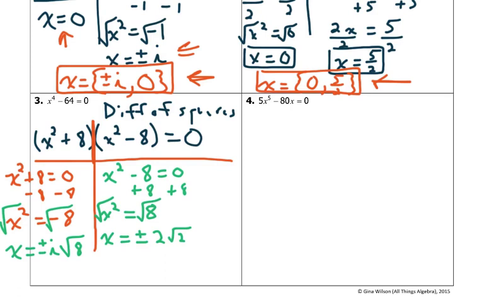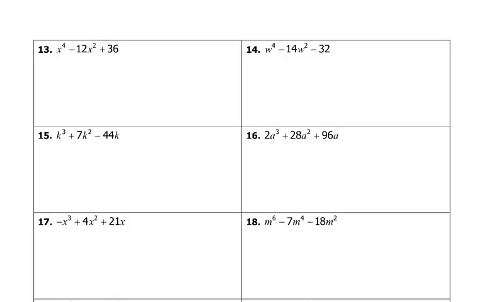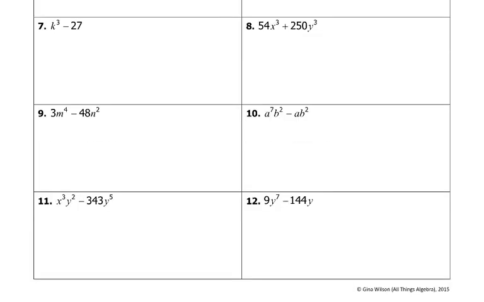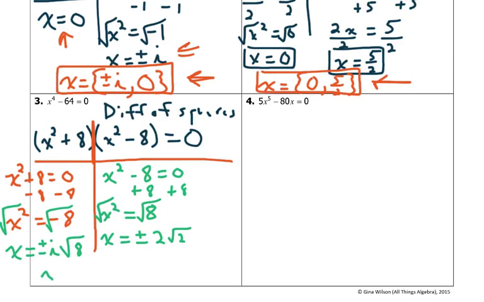We just simplified that already on the right side of this problem. So we end up getting x equals plus or minus 2i, because we multiply that to the i, square root of 2 on the inside. You can see how similar these are, right? This one is x equals plus or minus 2 square root of 2. We don't have any i there because 8 was a positive number.